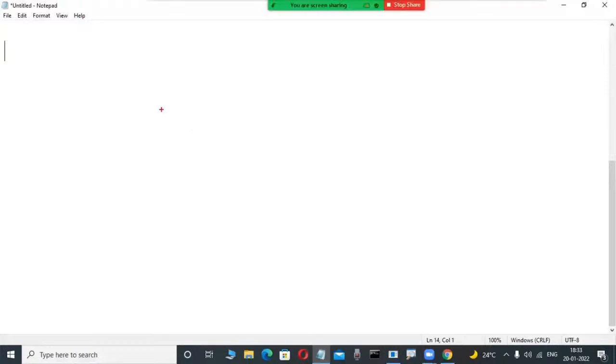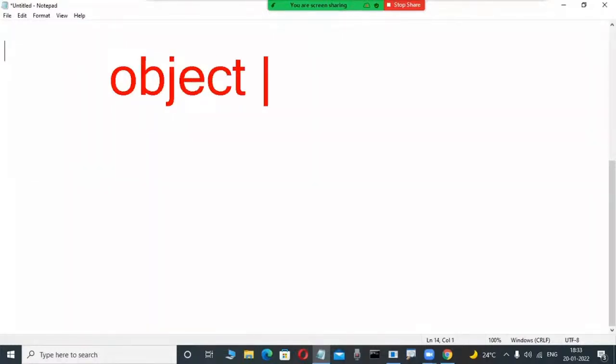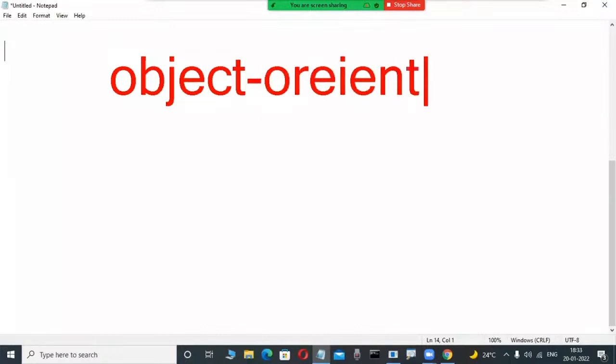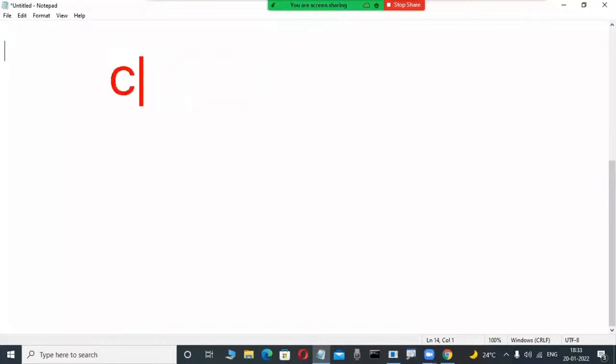Suppose so many object oriented languages are there. Okay, little bit of knowledge is there in technical. Object oriented languages are there worldwide. What are the object-oriented languages worldwide? C++ is an object-oriented language. Java is a popular object-oriented language.